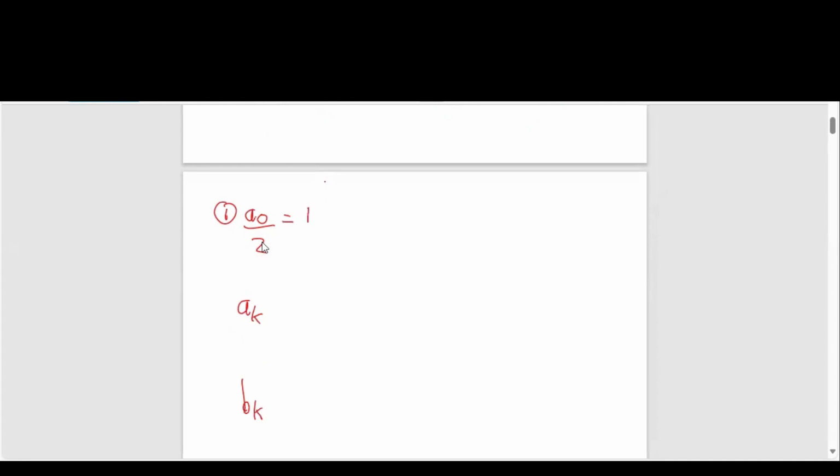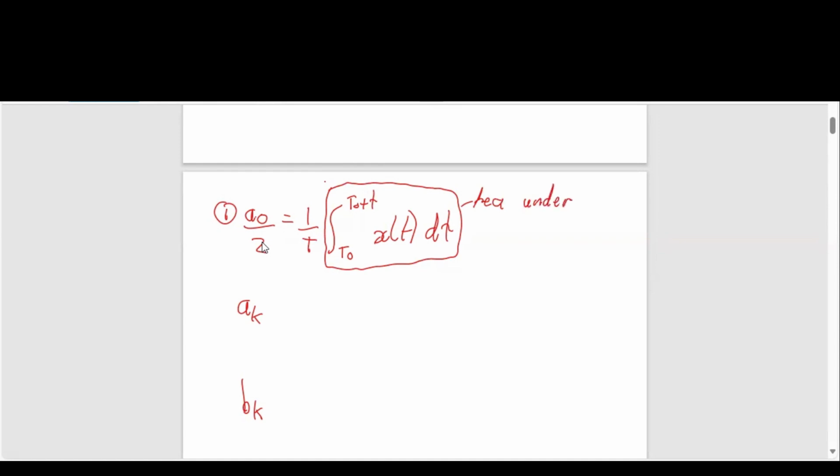So A naught on 2 is 1 on T, integral from T0, an arbitrary starting point, to T0 plus T. Obviously, you'll be doing it across the period of X of t, which is the graph itself, dt. So that's basically integration of the graph. This piece here is just the area under the graph.